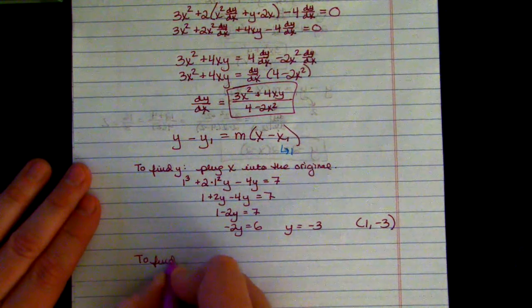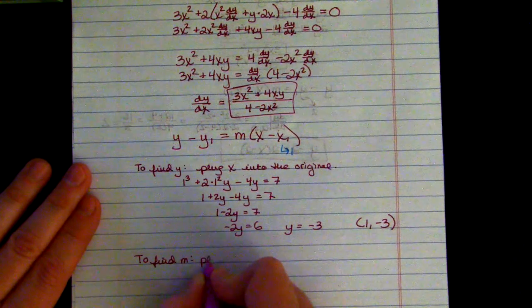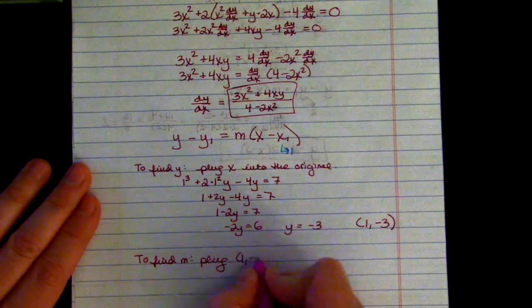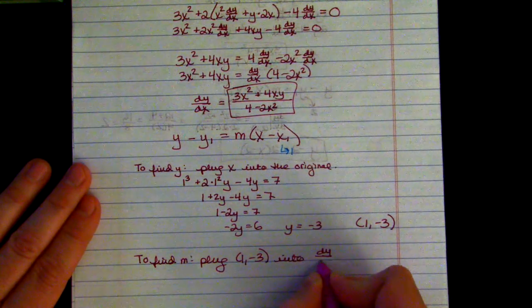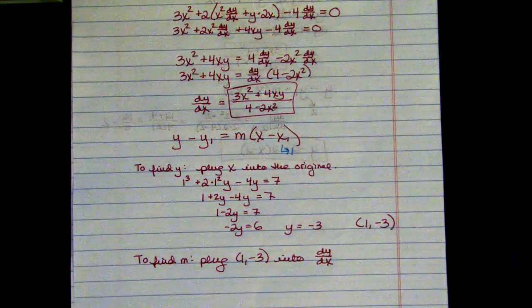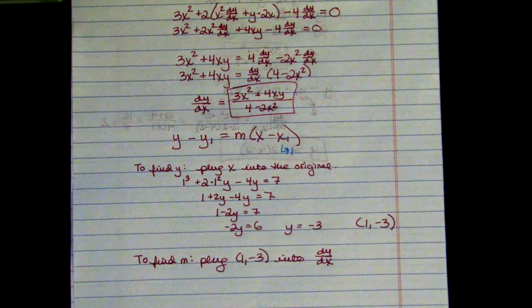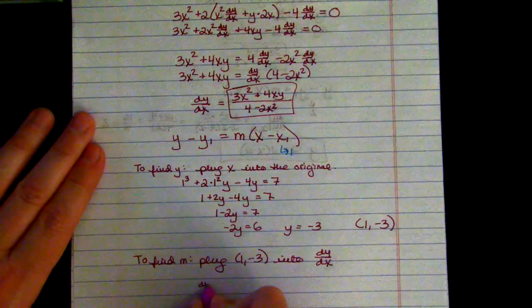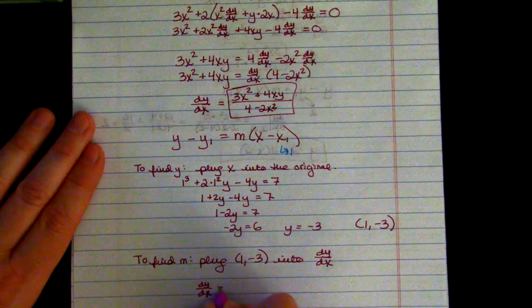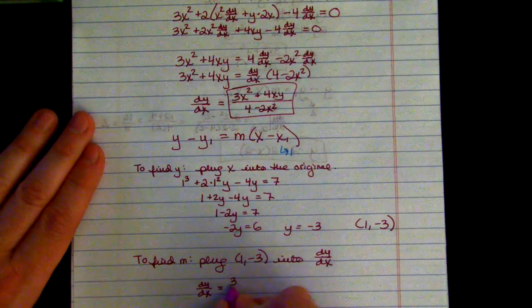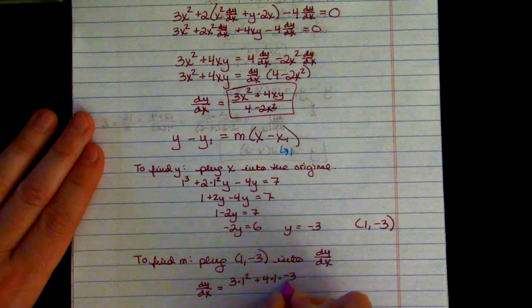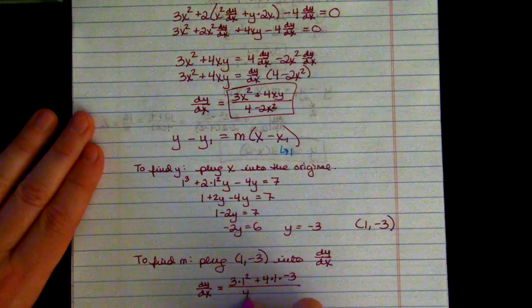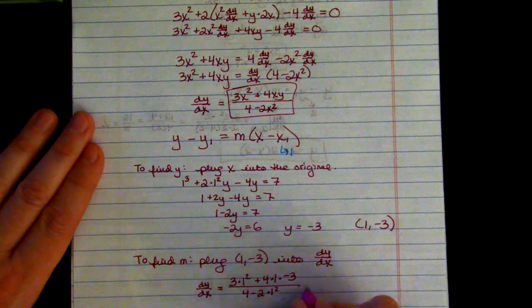To find m, you're going to plug (1, negative 3) into that formula for dy/dx. Go do that and find your slope. dy/dx is going to equal (3 times 1 squared plus 4 times 1 times negative 3) all over (4 minus 2 times 1 squared).